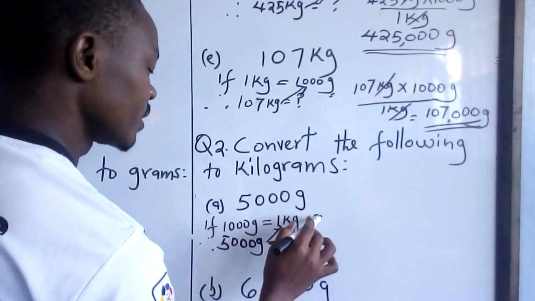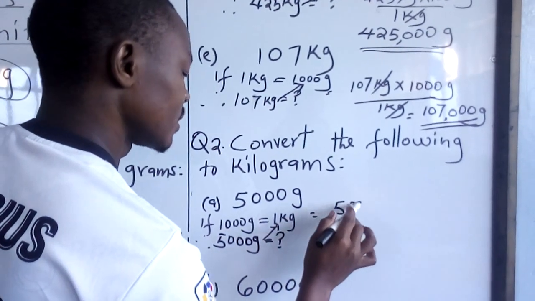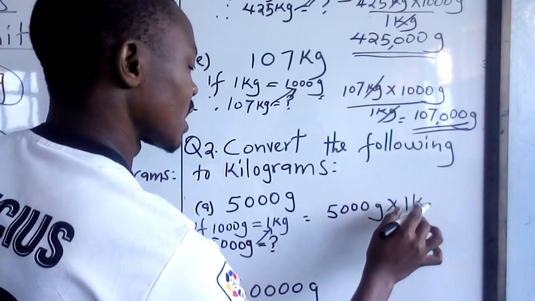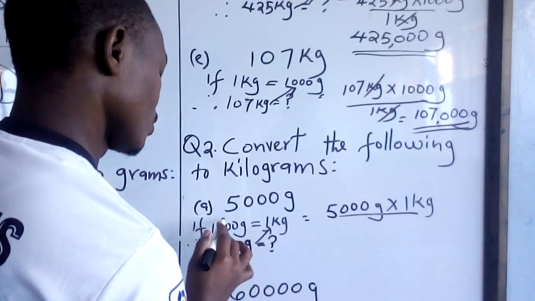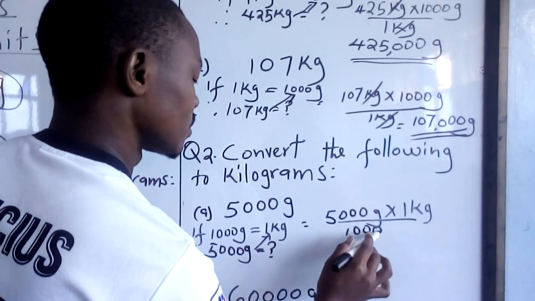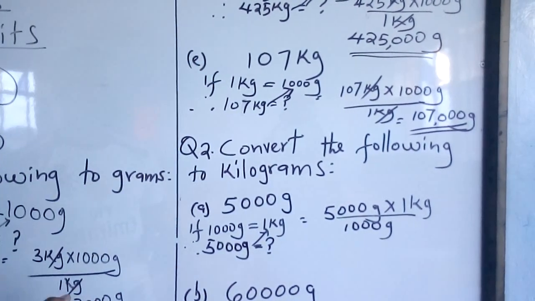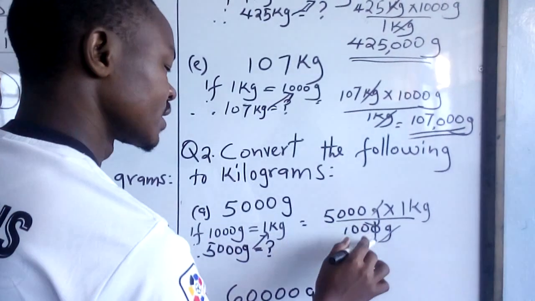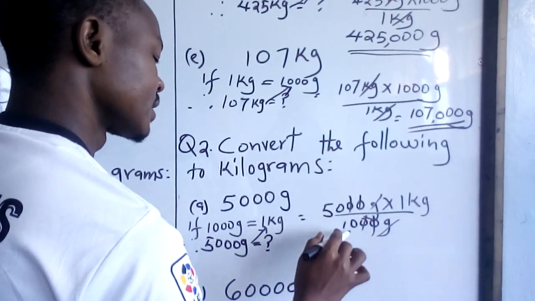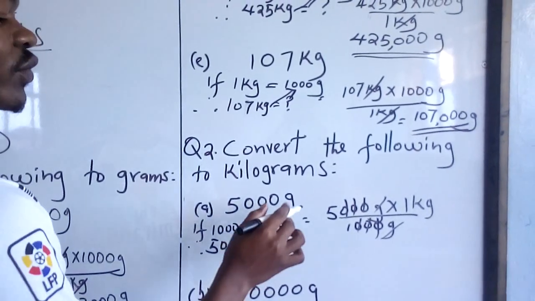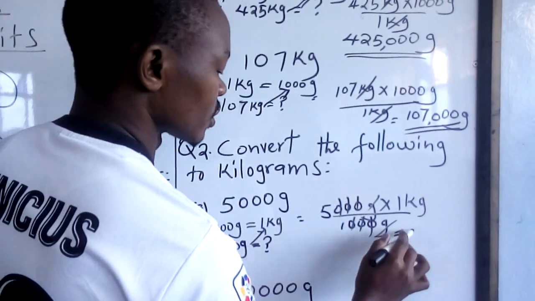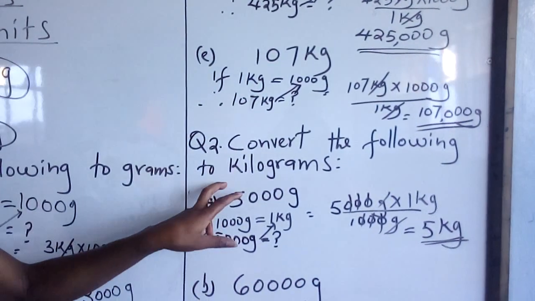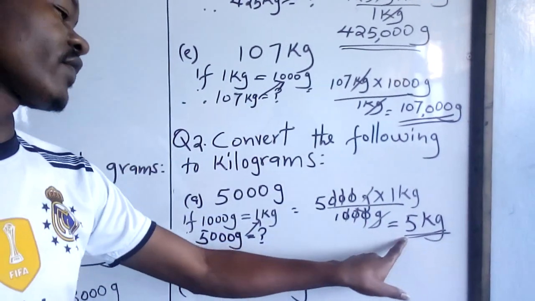So this is going to be 5000 grams multiplied by 1 kilogram all over 1000 grams. So the grams will cancel. Then you have 0, 0, 0 cancel, 0, 0, 0. Then we remain with 5 times 1, you get what? 5 kilograms. Therefore 5000 grams converted to kilograms will be 5 kilograms.